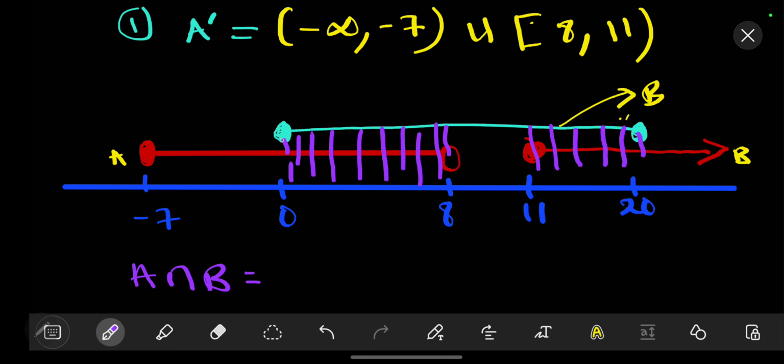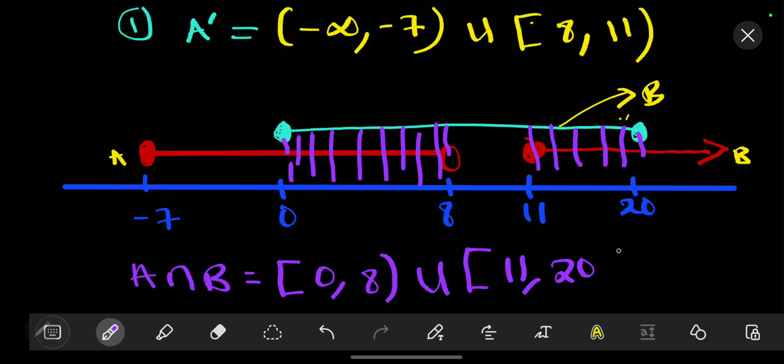To describe this, our 0 is found in both A and B, so we put a closed circle, then say 0 comma 8 with an open circle, then union of 11, since 11 is included in A and B, comma 20, with 20 included in both. That is how we find A intersection B.